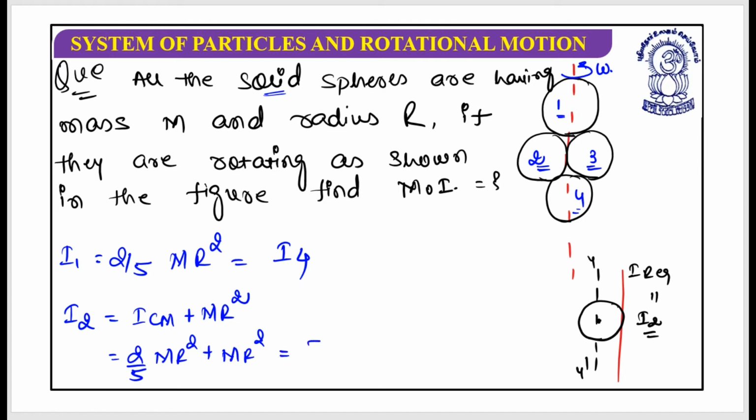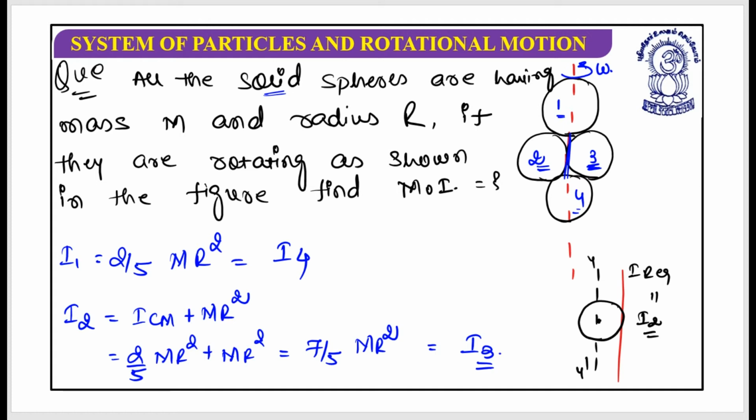That is 2 by 5 plus 1, which equals 7 by 5 mr square. The same is true for the third sphere, so I3 has the same value, because its rotational axis is also parallel to its y-axis. So this is I2, and this is I3.